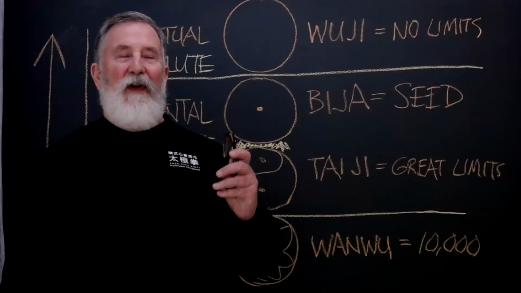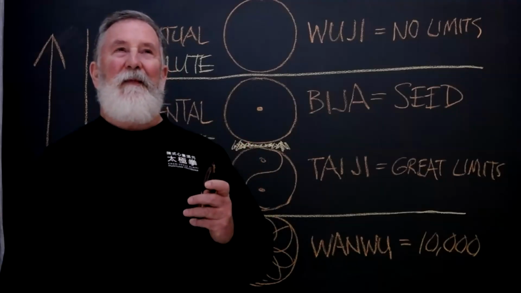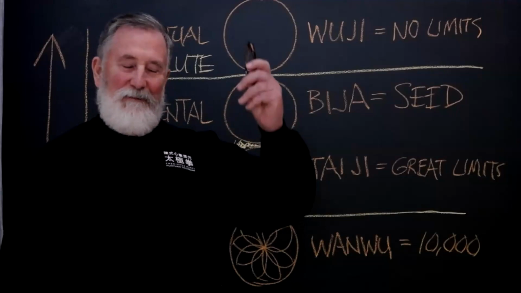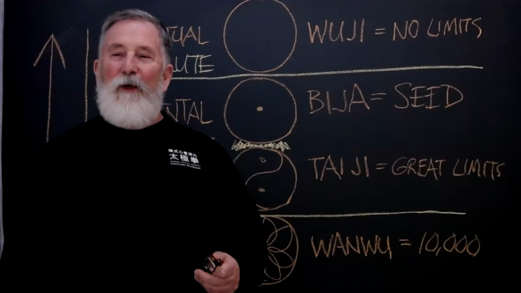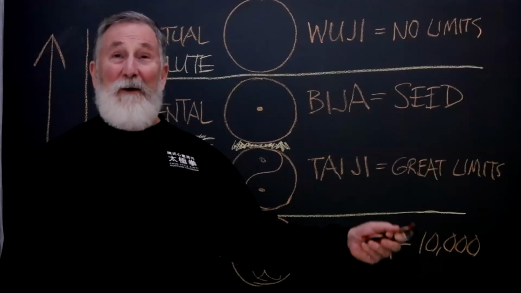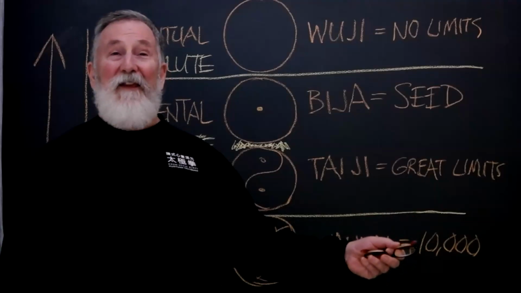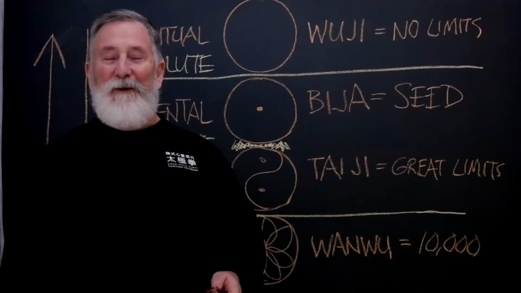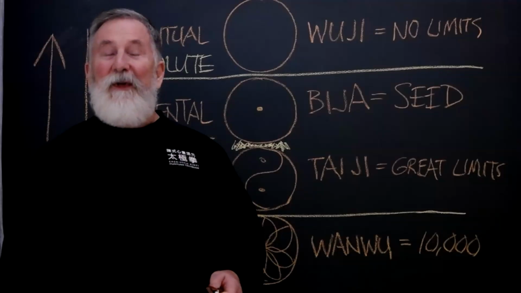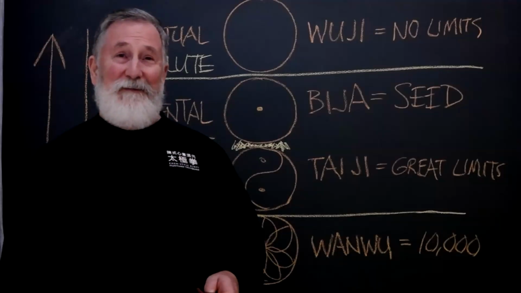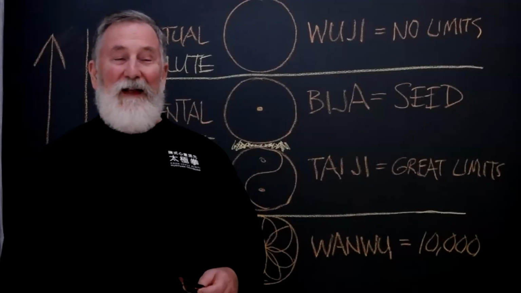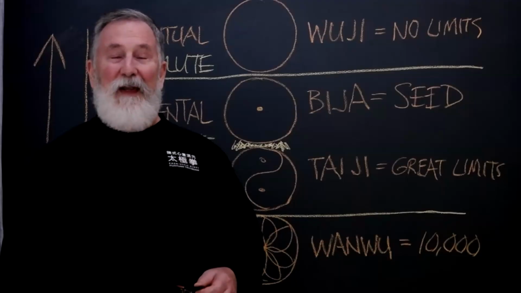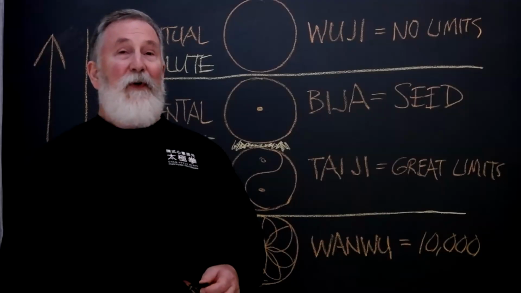However, one thing I can say about this developmental schema here, as we go through life in Wan Wu, amongst the 10,000 things of the manifest world, sometimes we run into difficulties, both personal and collective, cultural and global, and things can get pretty rough.